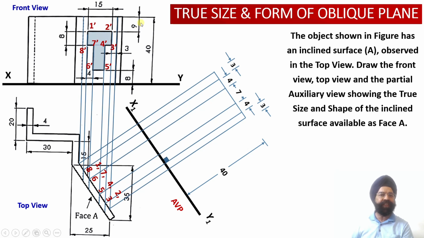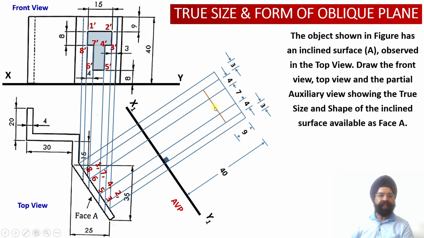In the first version, we mark 9 millimeter from the top surface of the solid, or else we can mark points 1 dash and 2 dash at a distance of 31 millimeter from the XY reference line. Either way we can mark the locations of points 1 dash and 2 dash onto the auxiliary elevation view. Now we can see that we have marked a distance of 9 millimeter from the top surface.